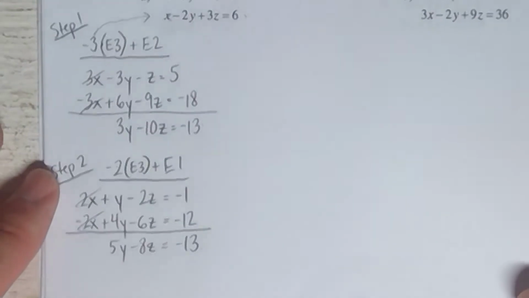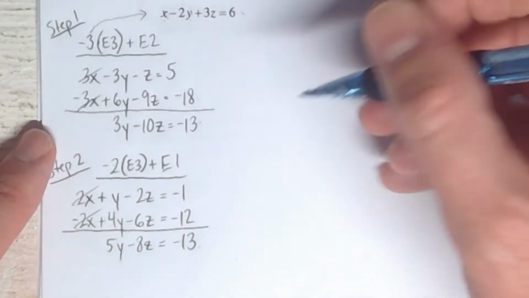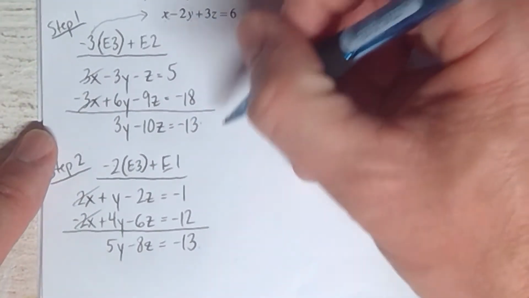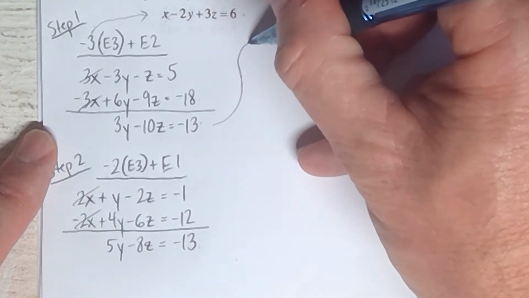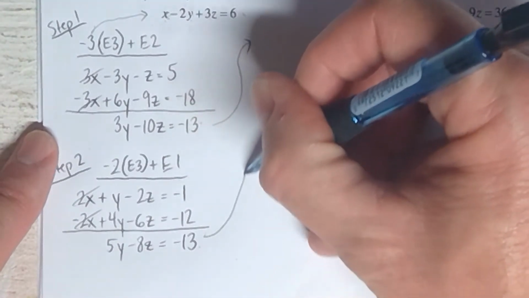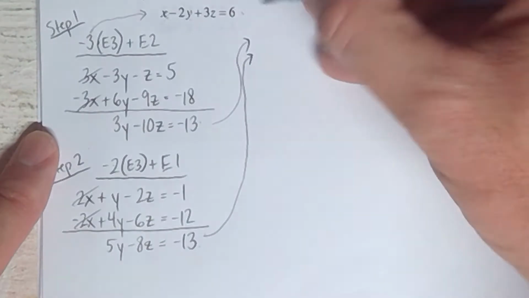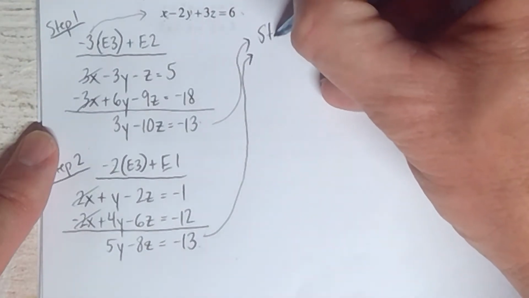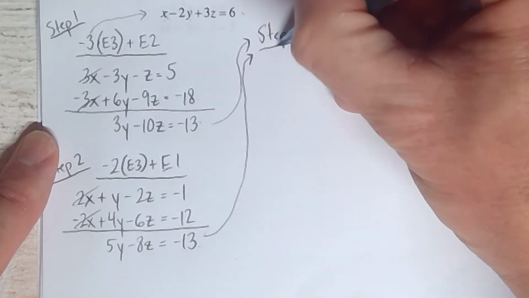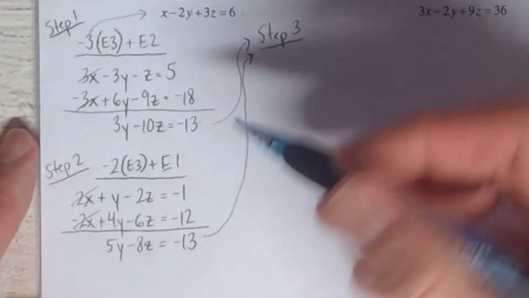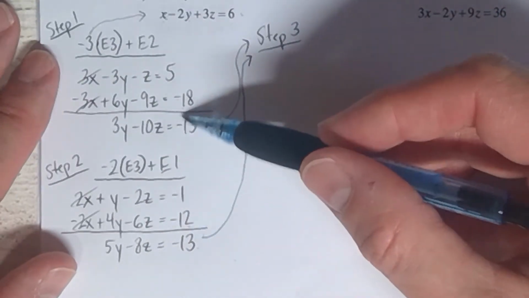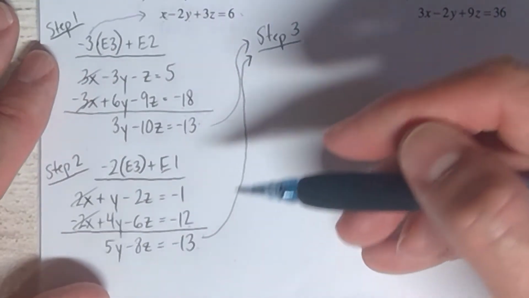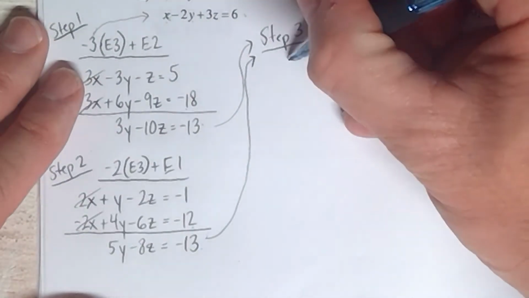And so here's the thing. What you do is you now take those two equations, and I'm going to bring them together in a group here. In fact, I'm going to create a brand new system. This is step 3. You take those two resulting equations that you got underneath the big lines right here where you added the two equations together, and you make a brand new system out of that.